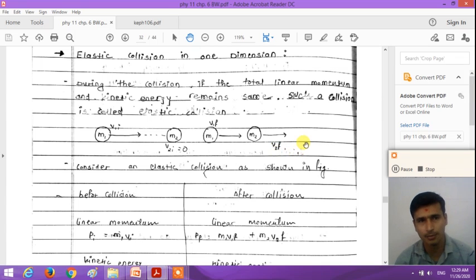So in this type of elastic collision, the law of conservation of linear momentum holds, so the linear momentum before and after the collision are the same, as well as the kinetic energy before the collision and the kinetic energy after the collision.